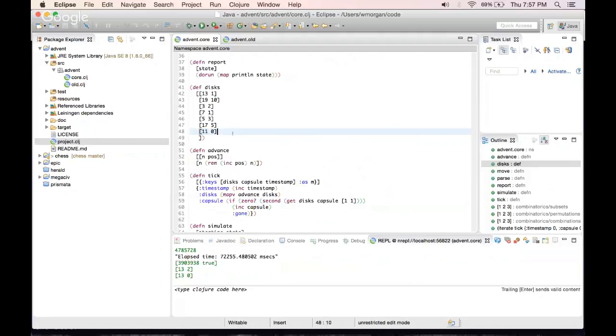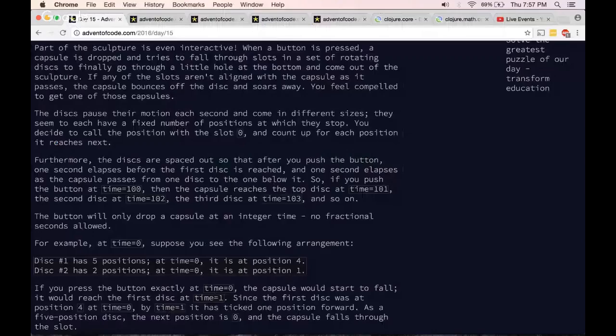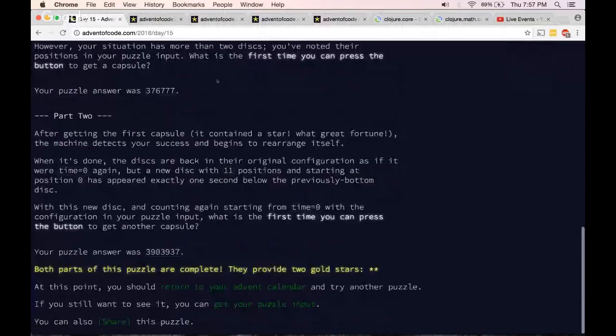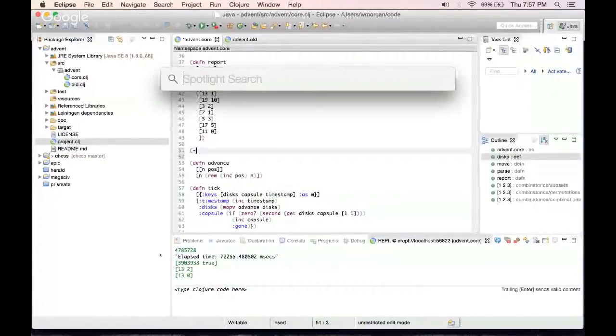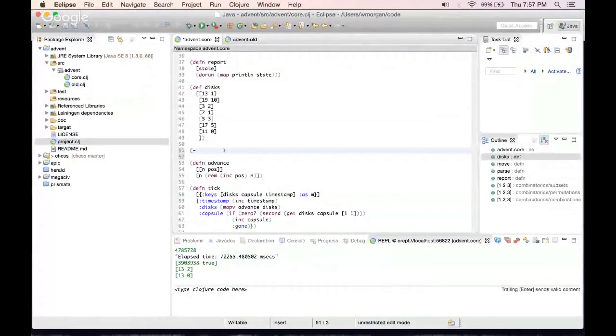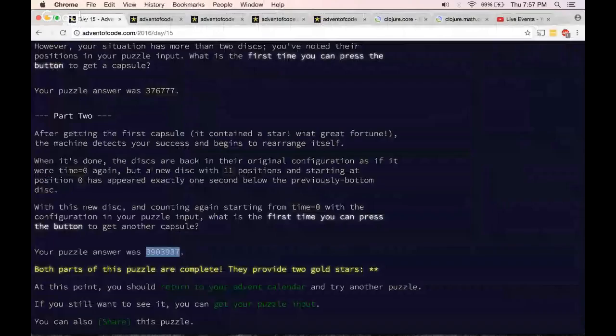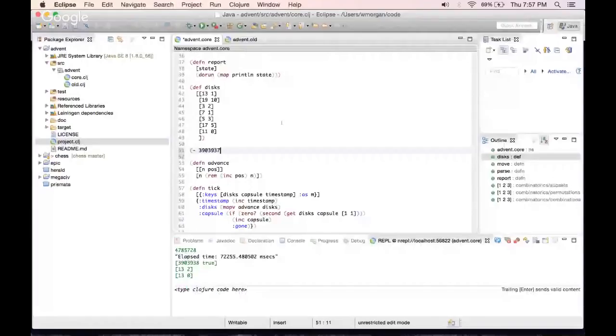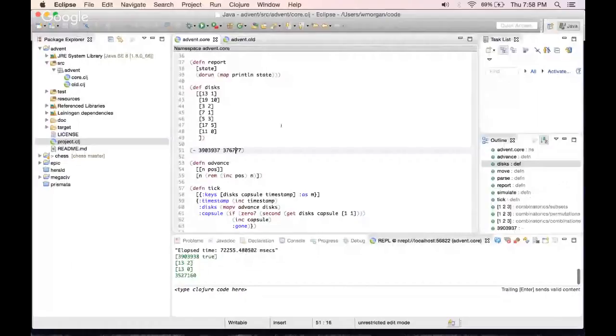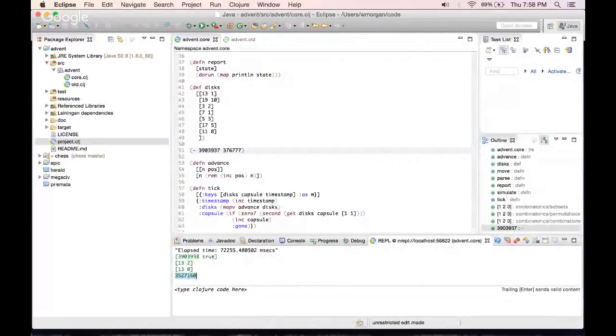Let me see if I can relate the two numbers just for fun. Here was the number from the second part, and here's the number from the first part. These are off by about 3.5 million.